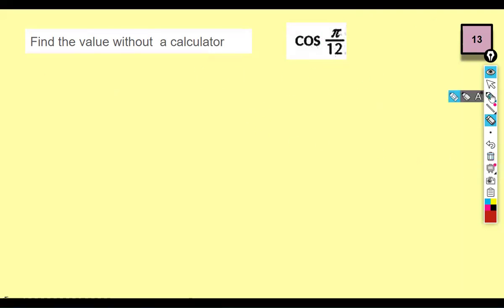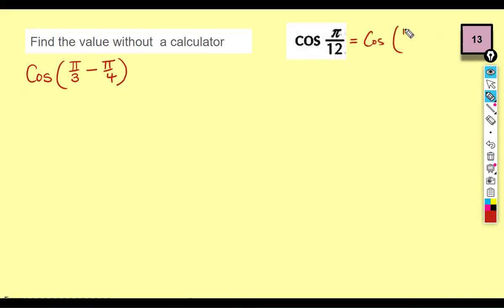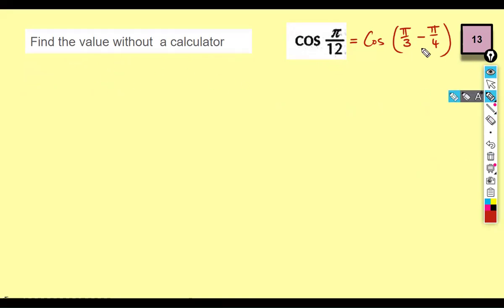So instead of finding cos pi on 12, this is the same thing as cosine pi on 3 minus pi on 4, right? Remember the formula from the beginning of class, let me write it here. Cosine pi on 3 minus pi on 4. So this is the formula that you're going to have to use.